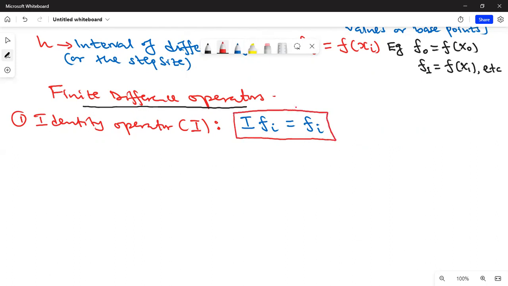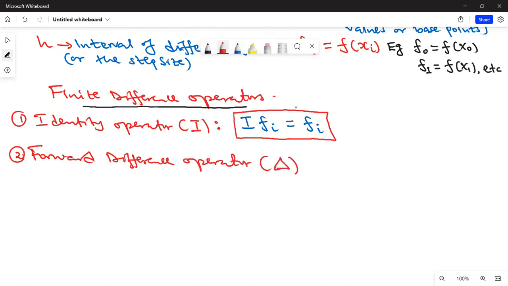Another operator is the forward difference operator. So number 2, you write forward difference operator. That is denoted by delta, that is the del operator.